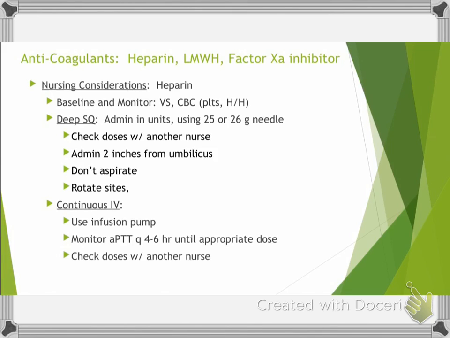You want to check the dose with another nurse. You want to administer 2 inches from the umbilicus, super important. You don't want to rub it. Make sure you don't aspirate, don't rub it.